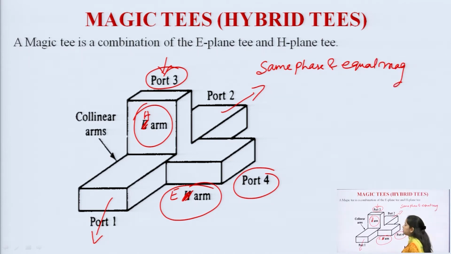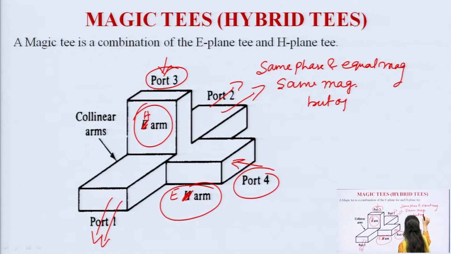And whenever power is inserted from port 4, which is our E arm, power will come out of port 1 and port 2 with the same magnitude but opposite phase.